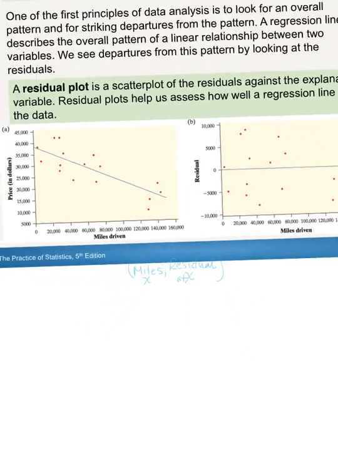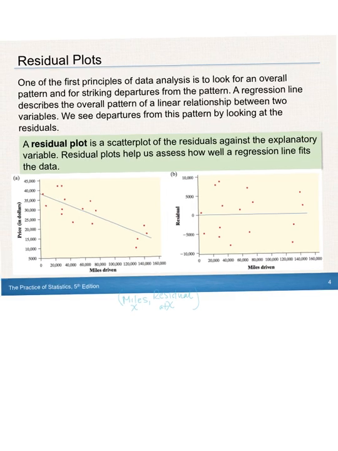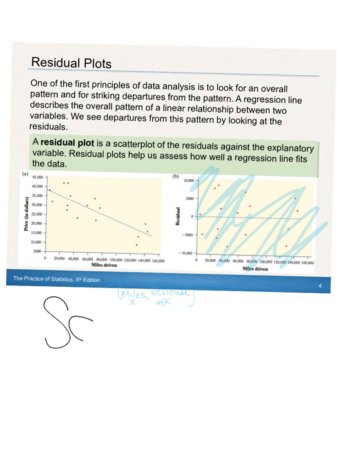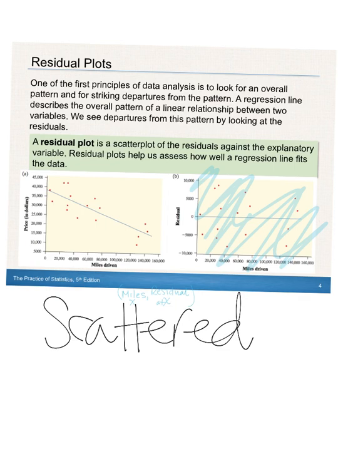When we plot those, we're going to find out that in this case, there's no pattern whatsoever. And if there is no pattern whatsoever, then we can use the linear regression line or model to help us. If there's some lurking pattern, then we find out that perhaps it may look like a linear association, but it's something else altogether. So what we're looking for in our residual plot is a totally scattered pattern with no lingering patterns in there.